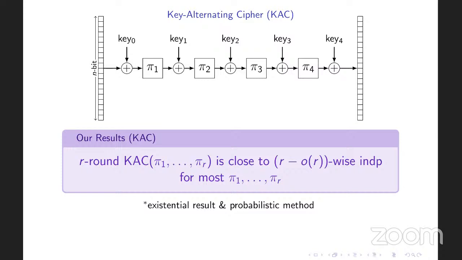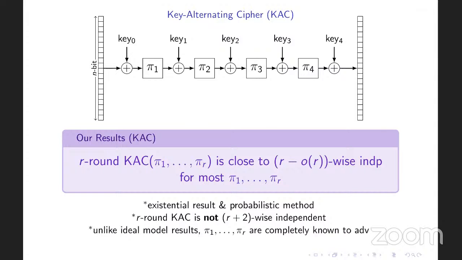This is an existential result and is proved by the probabilistic method. But our result is quite tight, since we can easily show that R round KAC cannot be R plus 2 wise independent. I would also like to mention here that in our result, the permutations pi are fixed and are completely known to the adversary, which is different from the results in ideal models.